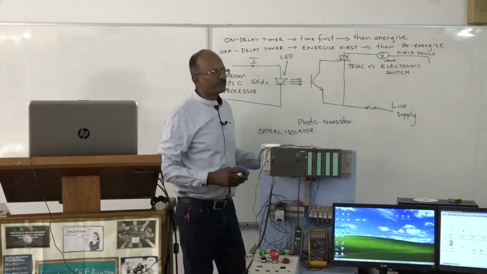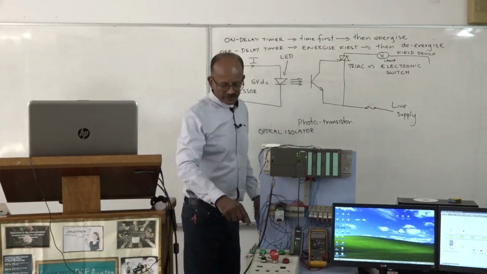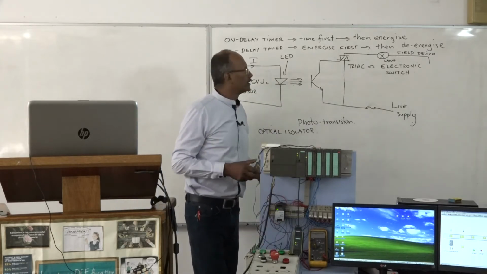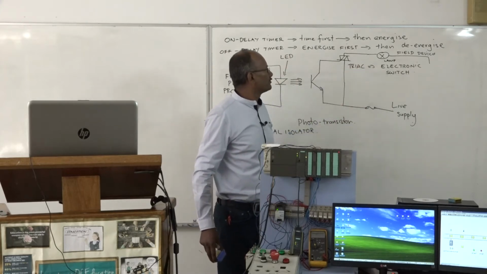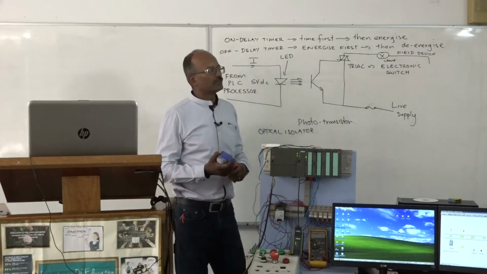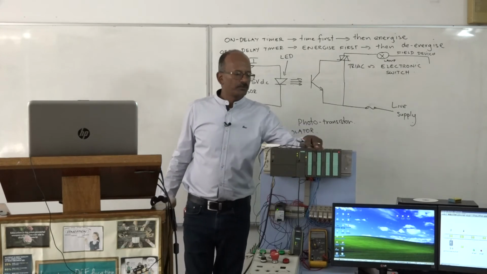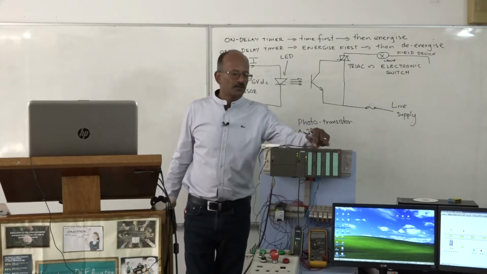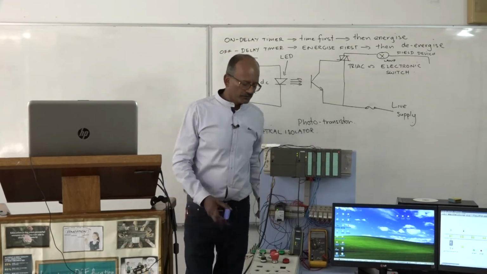Okay, if I'm using a 24 volt field device, like these lamps here, 24 volt lamps, I'm going to have a 24 volt supply here. If I'm using 220 volts, I'm going to have a 220 volt supply here. Some PLCs can handle up to that depending on the output module. If you remember previously, I've discussed that the output modules for this particular PLC operate on 24 volts.